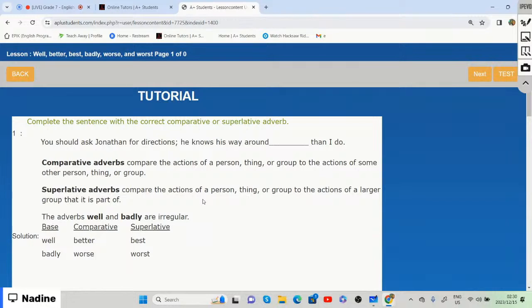And this is also still part of comparative and superlative adverbs.